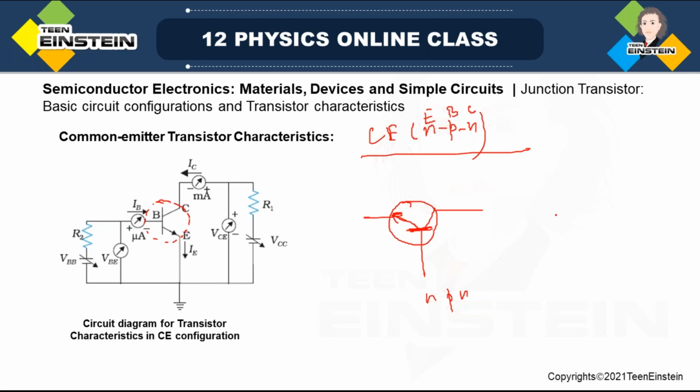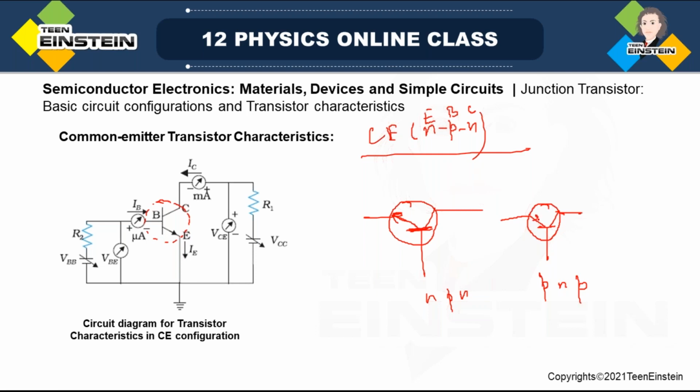So this is an NPN transistor, and in case of a PNP transistor, there are three terminals in this case also. So you have to properly put the arrow. This arrow only will determine whether it is PNP or NPN. P is the emitter, and N is the base.